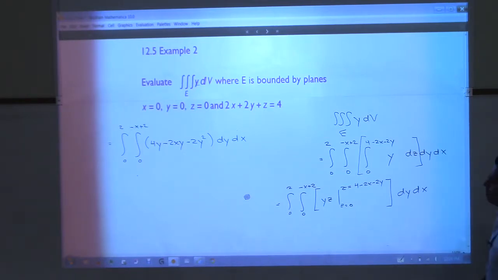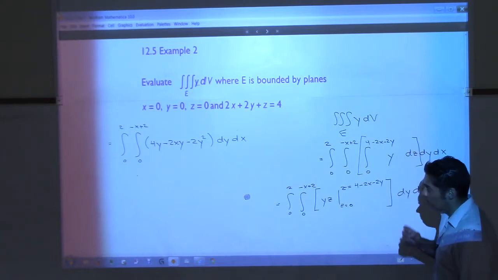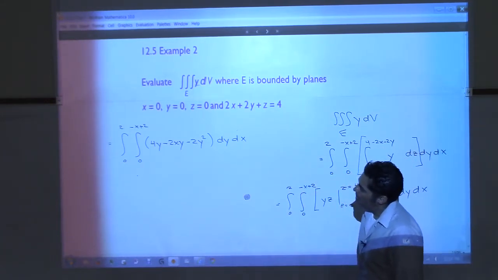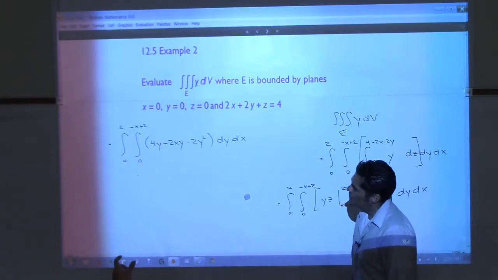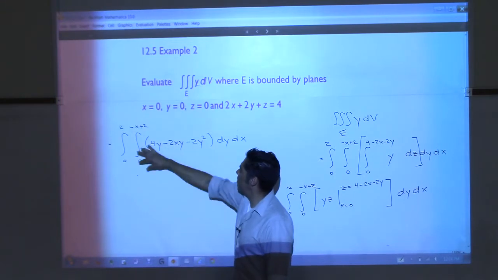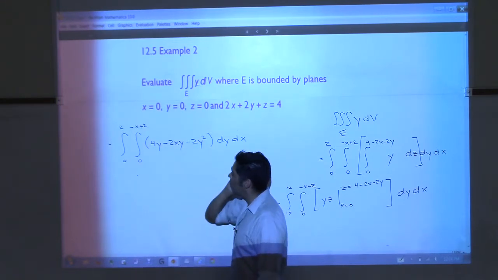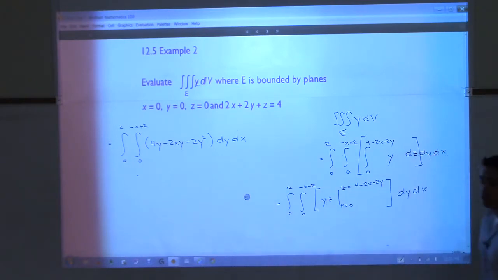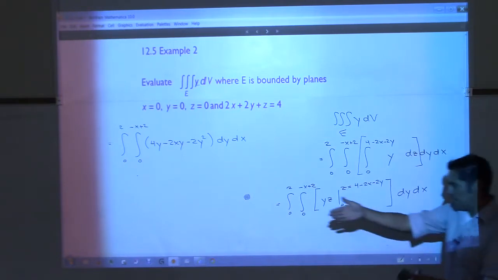What do you mean individually? Since it's linear, you can take the double integral and apply it to the 4y, and so on. You could split this up and do a double integral on this, and a double integral on that, because they are separated by addition and subtraction. I thought you were saying you could split them up like that theorem.